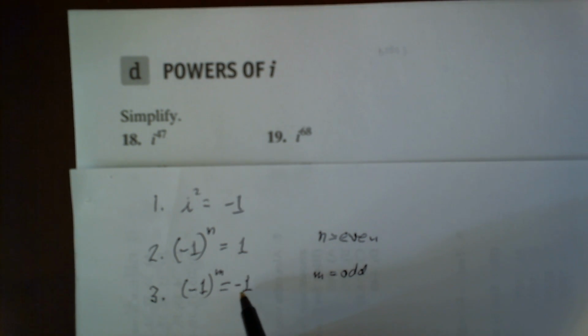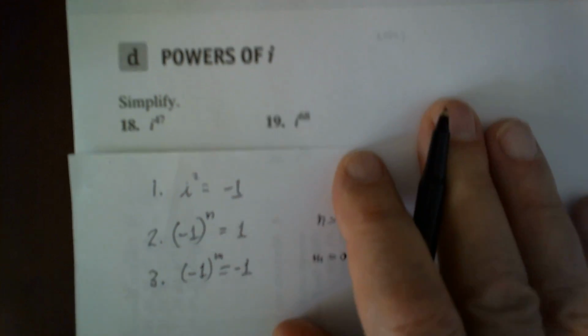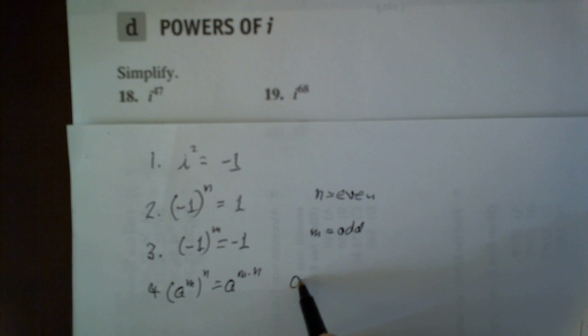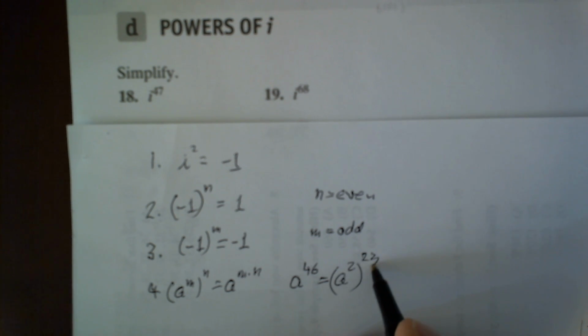So let's remember that. And the last one would be to remember that when we raise a power to a power, a to the m to the n, we multiply the exponents, a to the m times n, and vice versa. For example, we can write a to the 46th power as a to the second power to the 23rd power. Okay? And you'll see in a moment how we apply that.